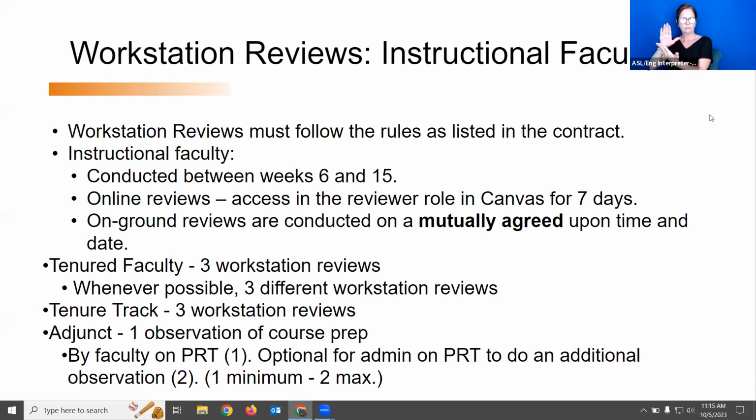I would tell you that on some of the pieces, I would say yes, because if they're not teaching to the course outline of record, that is actually a very big problem. And you would want to provide evidence, which we'll go through later, that in reviewing the syllabi and in the workstation review, we've noticed that hypothetically, student learning outcome 2 is not being taught.